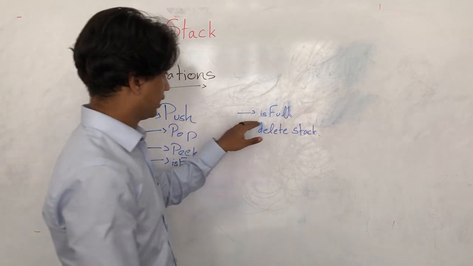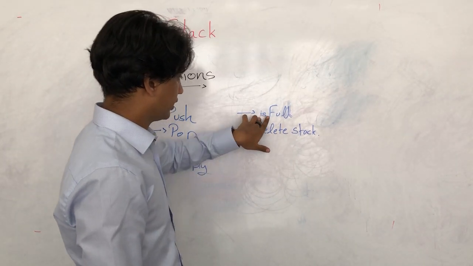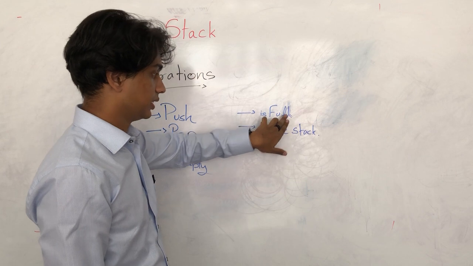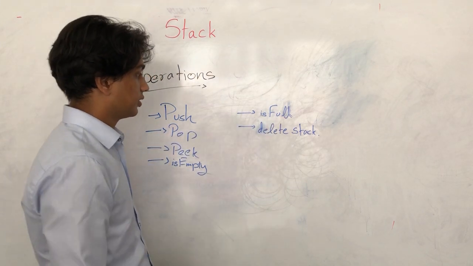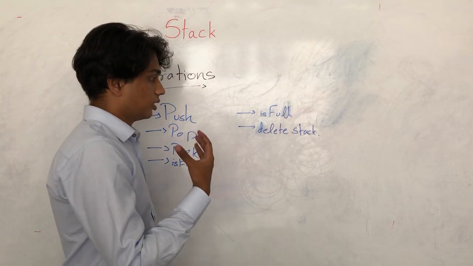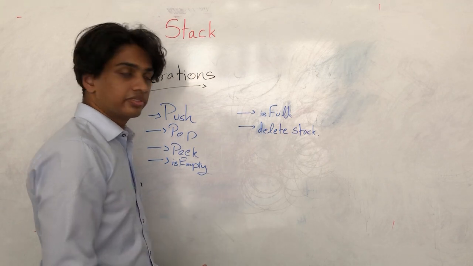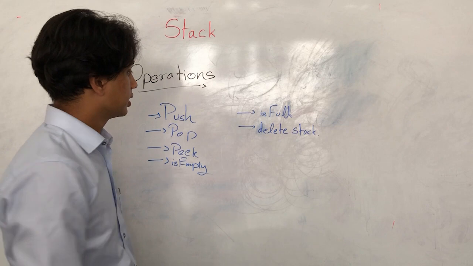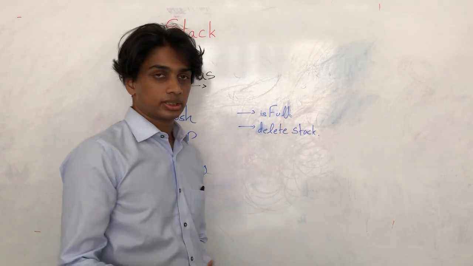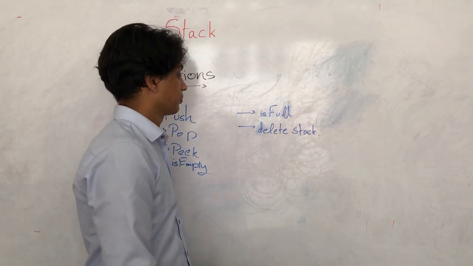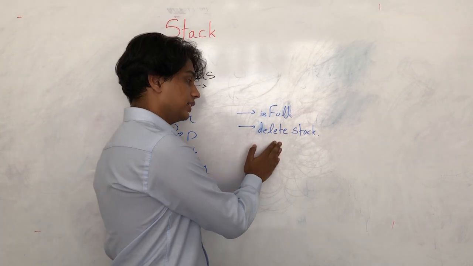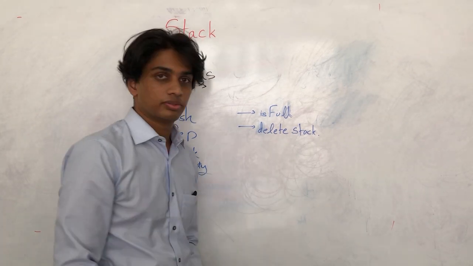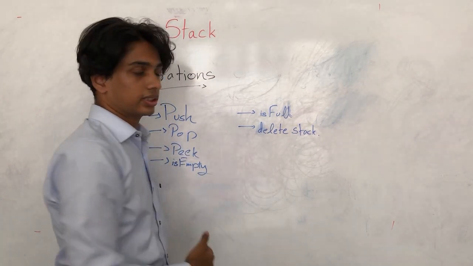The isFull method identifies whether our stack is full or not, whether there are any more spaces to fill. And finally, the delete stack method is used to delete the stack.